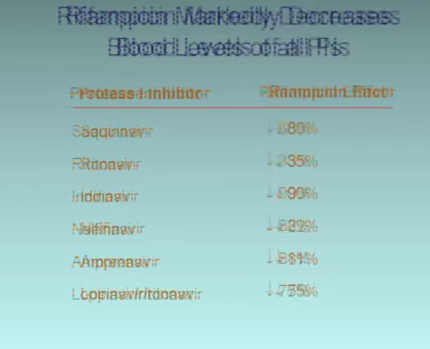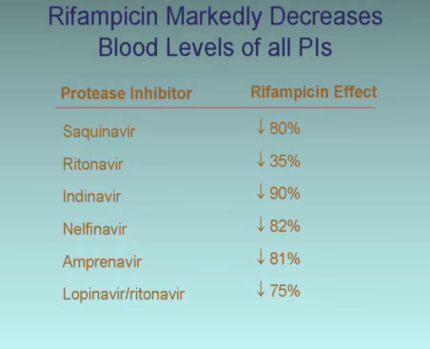So what about the protease inhibitors? And as Lynn told us this morning, the story is much, much worse for the protease inhibitors. The one that we use here in South Africa is lopinavir-ritonavir, which is Kaletra or Aluvia. Look how much that is decreased by. 75%. So if I'm taking my treatment today, it's like me only taking 25% of it.